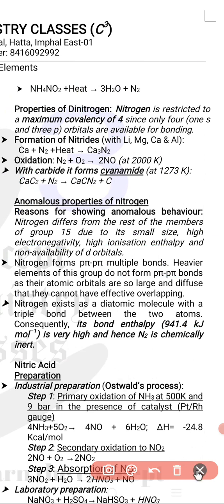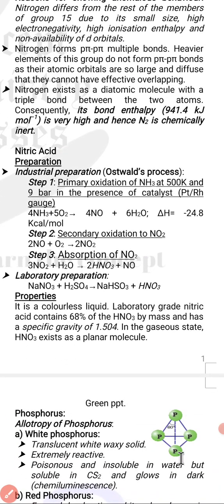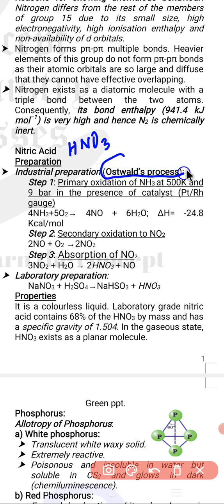Then let us move to the next important topic of group 15, that is nitric acid, HNO3. This is very important. This is the industrial preparation of nitric acid, which is called Ostwald's process. First of all, ammonia is heated with oxygen, that is oxidation, actually combustion.